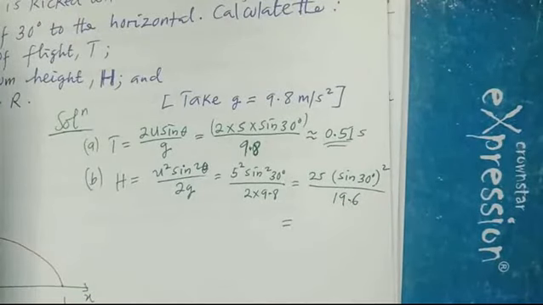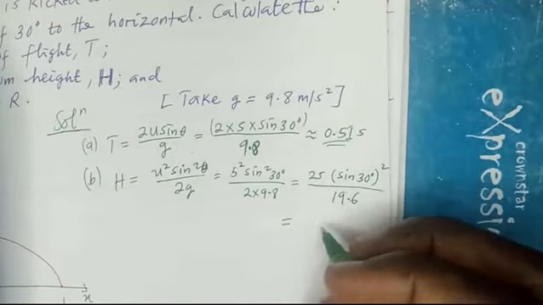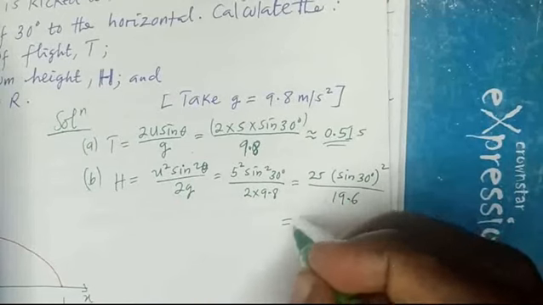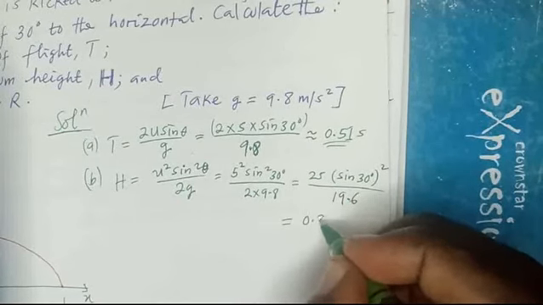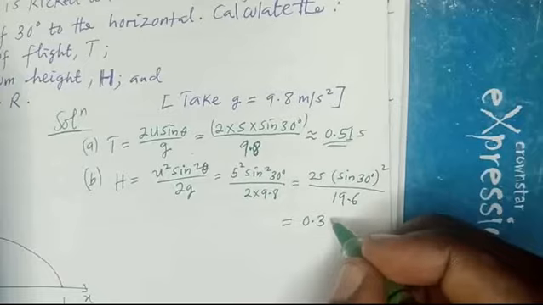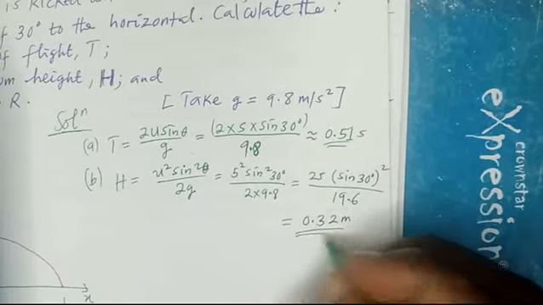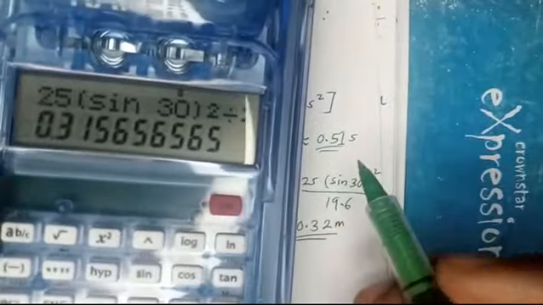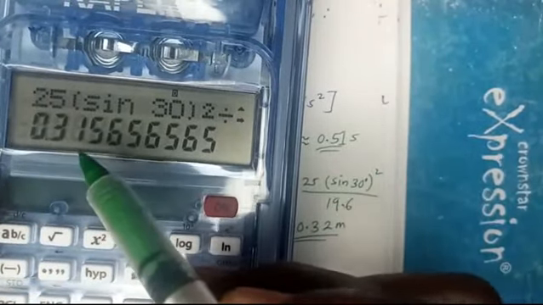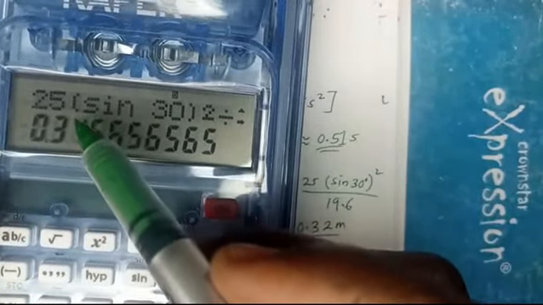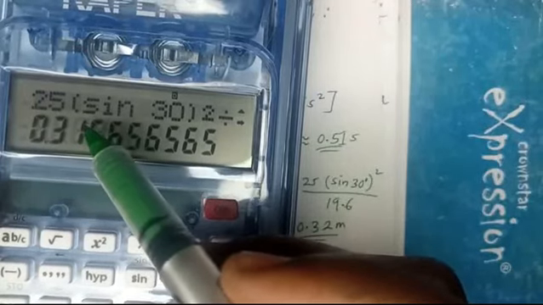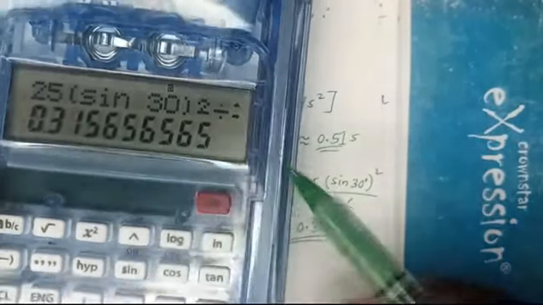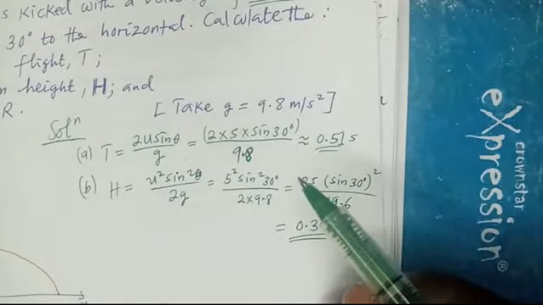When you do that, the maximum height is approximately 0.32 meters. What you have here is 0.315, so you need to add 1 to this digit because it is up to 5, so you round up to 0.32.